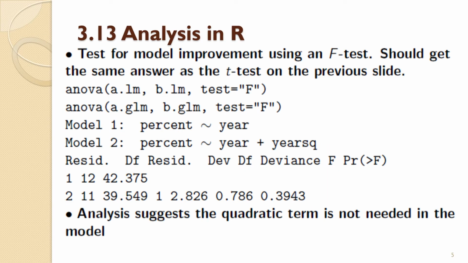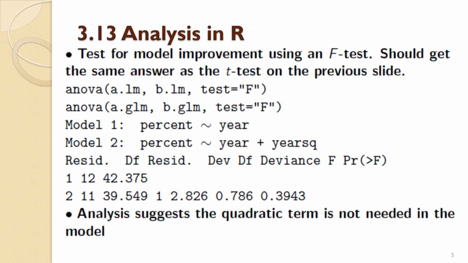So probably the best way to test for this is using an F-test rather than just relying on the t-statistics, because there are problems with multiple testing. So what you would do in this case is use the ANOVA command that we mentioned before, and this has to operate on the first linear model object and then the second linear model object, and then specify that you want to run an F-test.